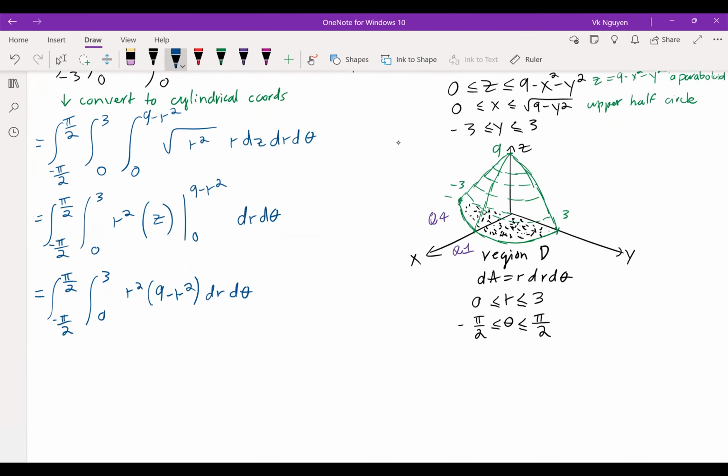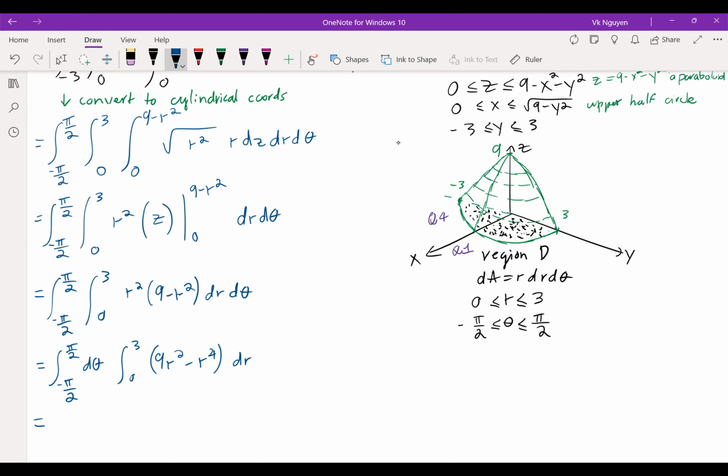Well, there's no theta in here, so you can just do the integral from negative pi over 2 to pi over 2 of d theta, and from 0 to 3 of 9r squared minus r to the 4th dr. What do we have here?